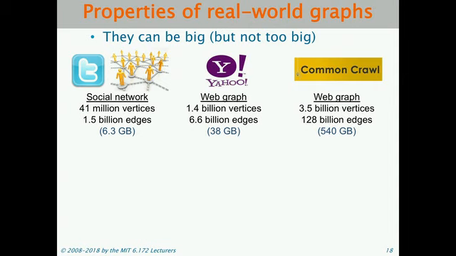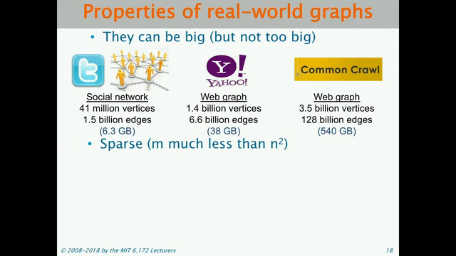For example, you can rent a 2 terabyte or 4 terabyte memory instance on AWS, which you're using for your homework assignments. If you have any leftover credits at the end of the semester and you want to play around with this graph, you can rent one of these terabyte machines. Just remember to turn it off when you're done because it's kind of expensive.